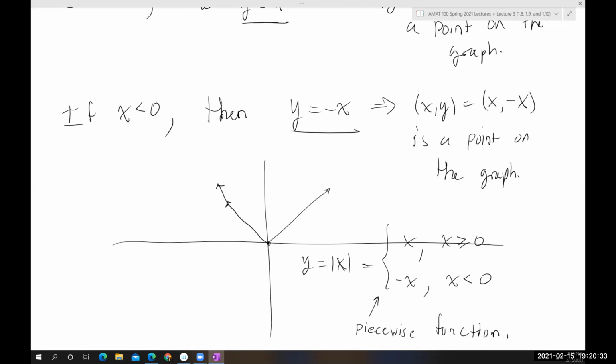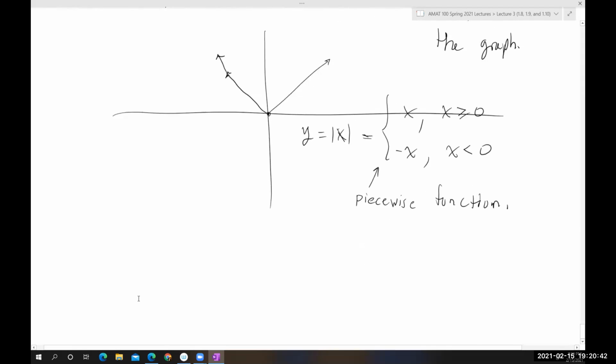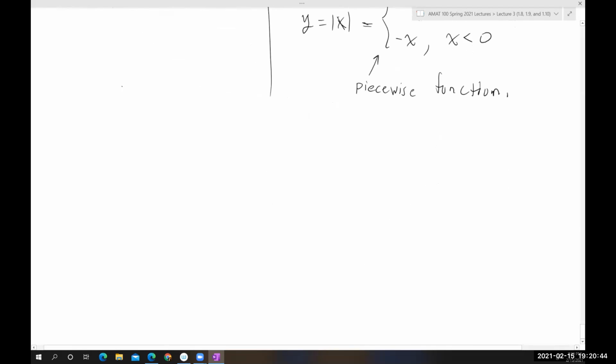So the next thing I want to talk about is intercepts. These are important too, for various reasons. I'm not going to really specify them. I mean, they're important in calculus.